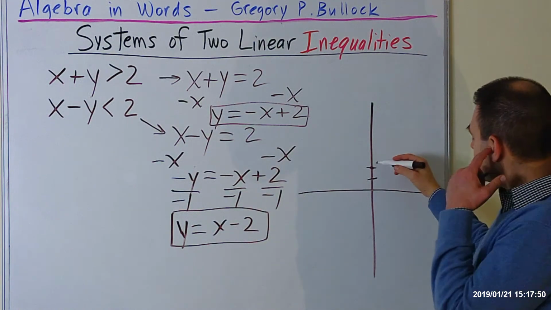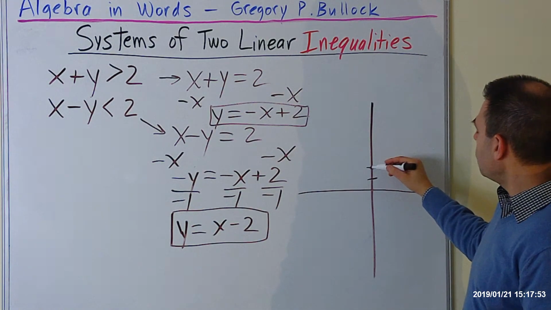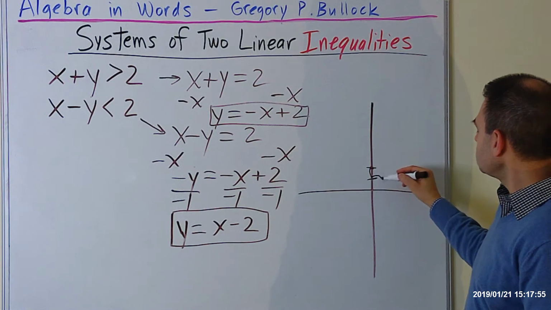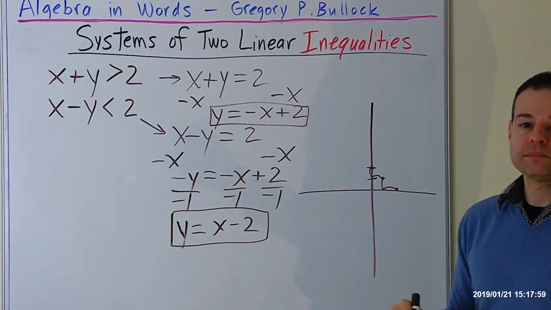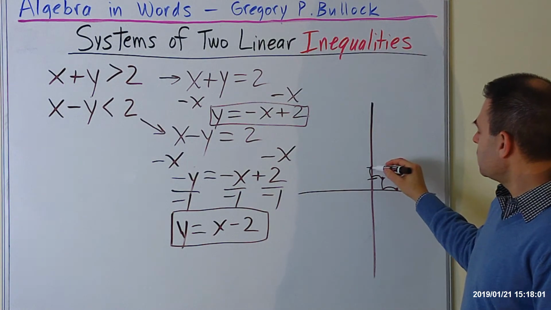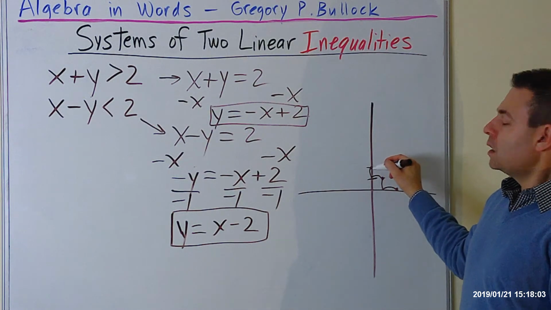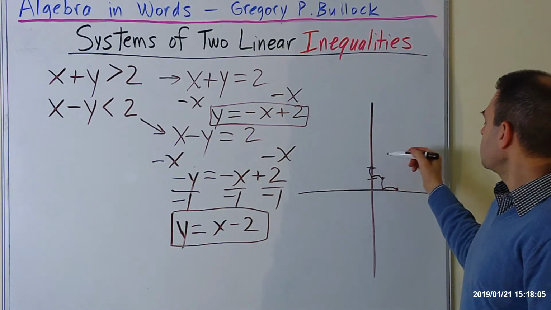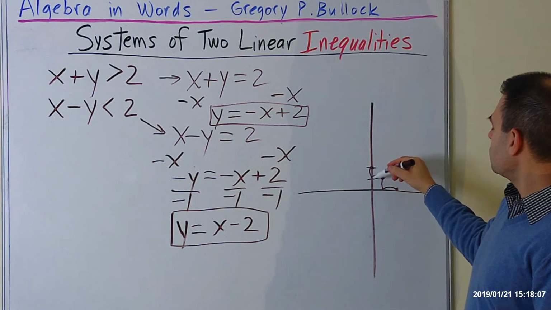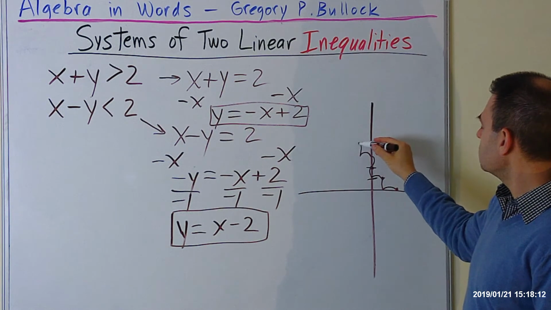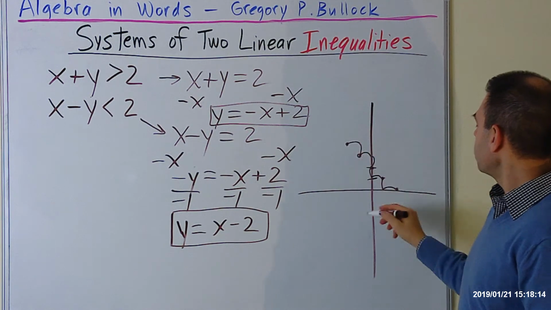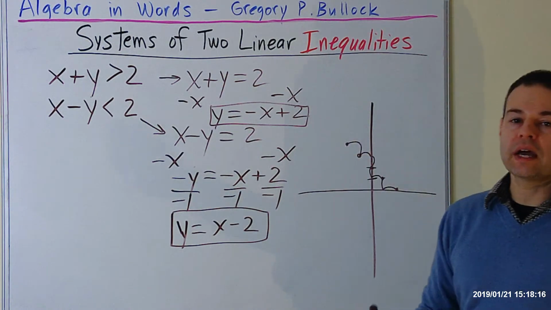So we go down 1, right 1, put a point. Down 1, right 1, put a point. Going back to the y-intercept, let's also go in the opposite direction: up 1, left 1, and up 1, left 1. Now we have a bunch of points. I'll draw the line through that.